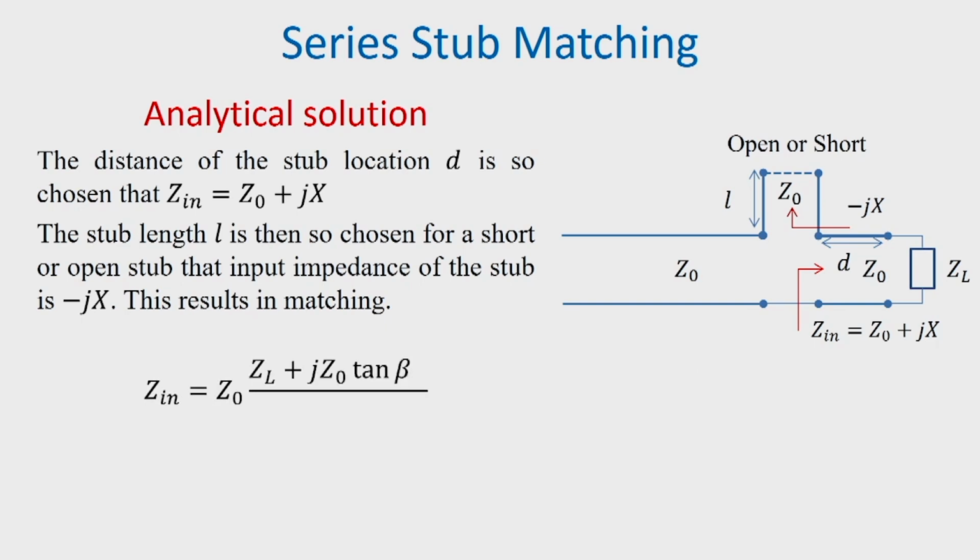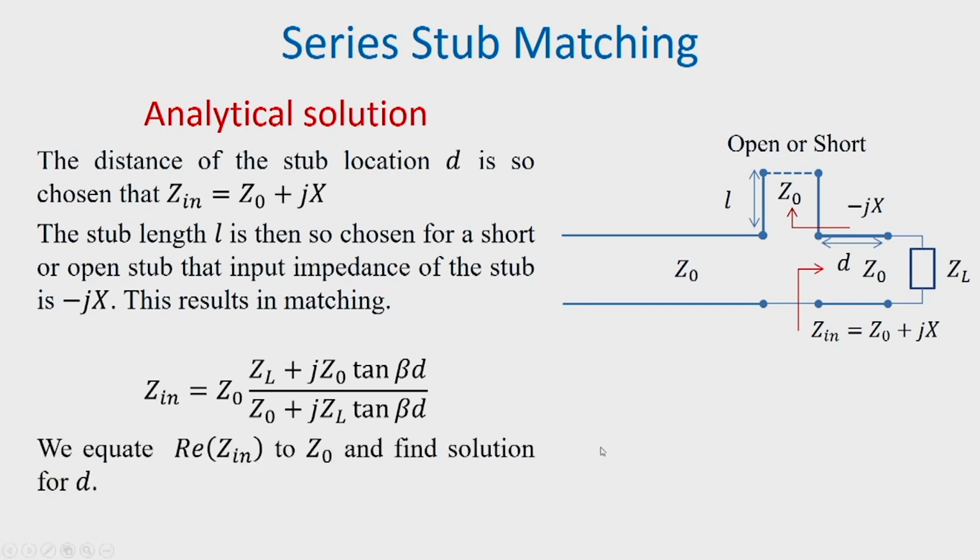Now, we know that the input impedance Z in can be written as Z naught times (ZL plus j Z naught tan beta D) divided by (Z naught plus j ZL tan beta D).